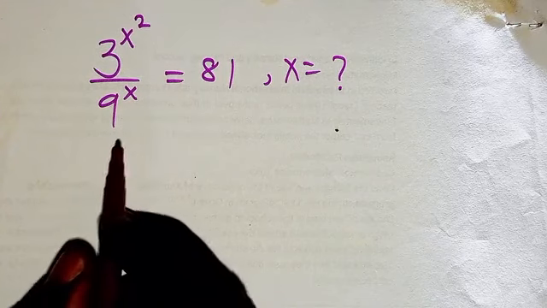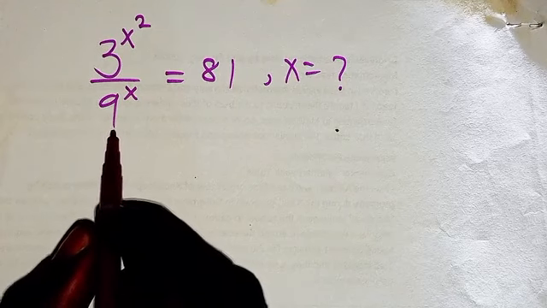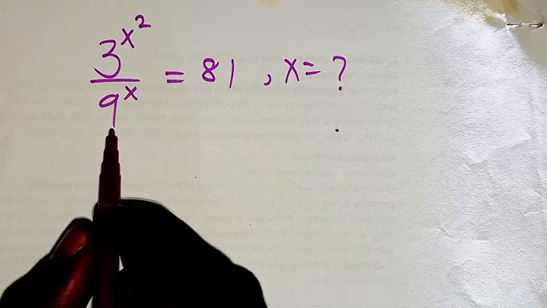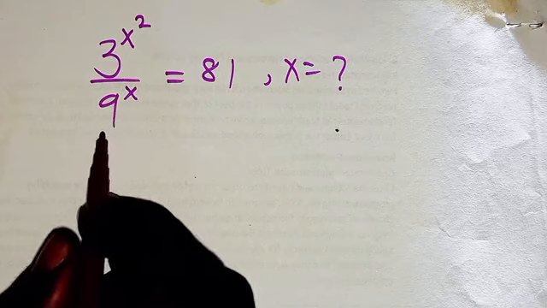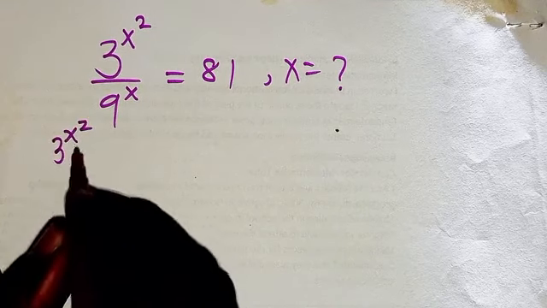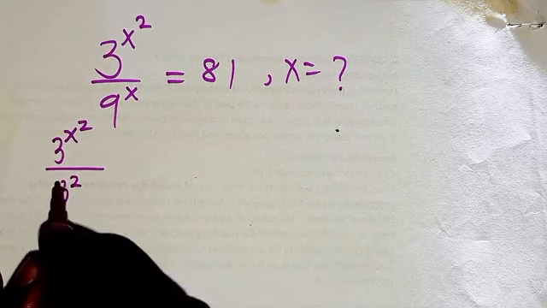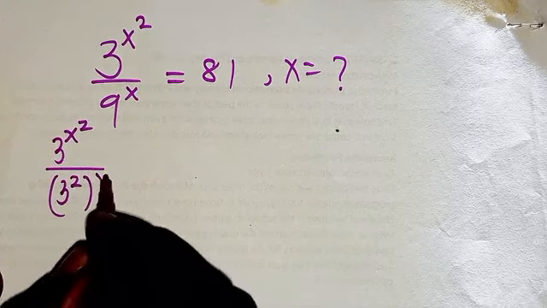Now quickly, let's see how we are going to do this. I'm going to rewrite this 9 to power x in terms of base 3, and this is going to be 3 to power x squared, divided by this 9 to power x. I can write 9 as 3 to power 2, then I have x.